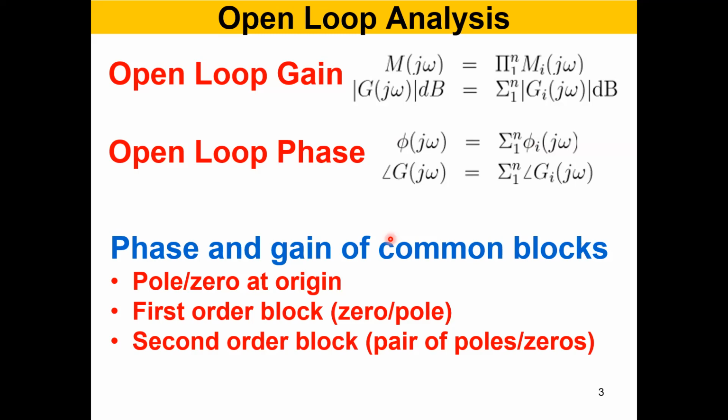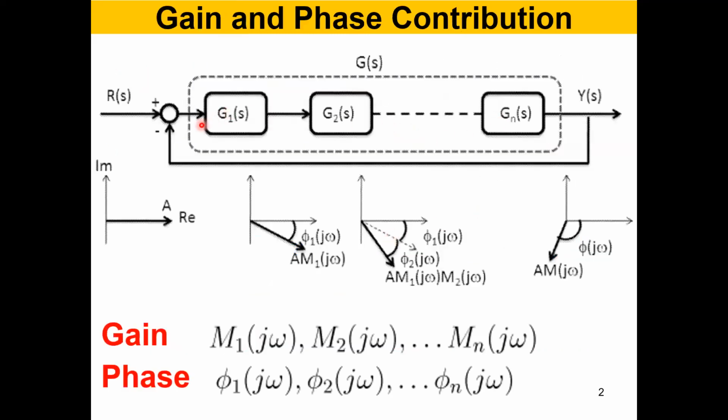Okay, so let's move forward. I think everything is clear to everyone. Now, what are these blocks? The next discussion is what are these blocks? Again, there can be many possibilities, right? First order blocks, second order blocks, so many different types of combinations. They can be rational polynomials of S, okay, in most generic form.